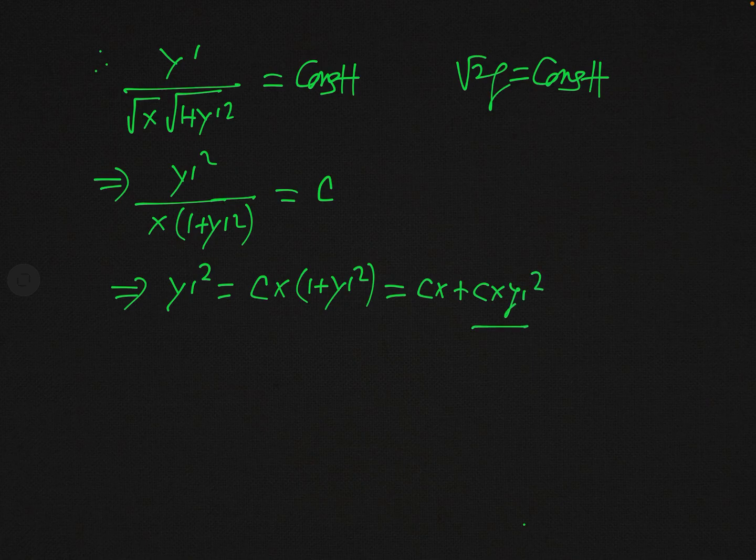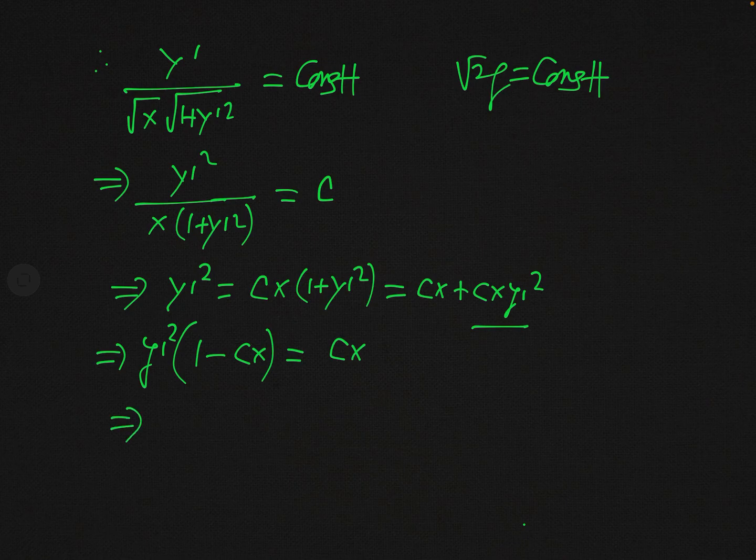Now let us bring this term to the LHS and take y prime square as a common factor, then this will be 1 minus cx, and this is equal to cx.